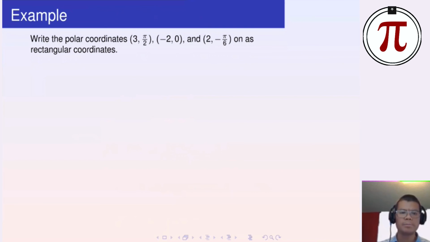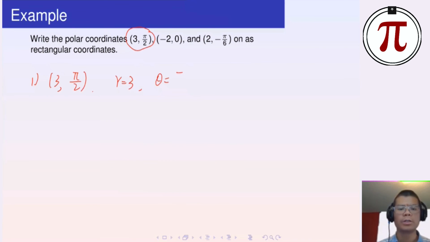Now let's consider this example. Nick, can you read first, please? Write the polar coordinates 3 pi over 2, negative 2, 0, and 2, negative pi over 6 in rectangular coordinates. So let's consider the first. It's 3 pi over 2, so r equals 3, theta equals pi over 2. X equals r cosine theta equals 3 times cosine pi over 2.